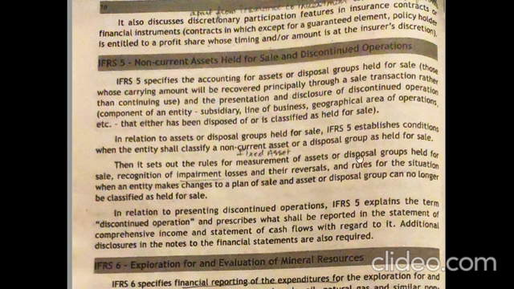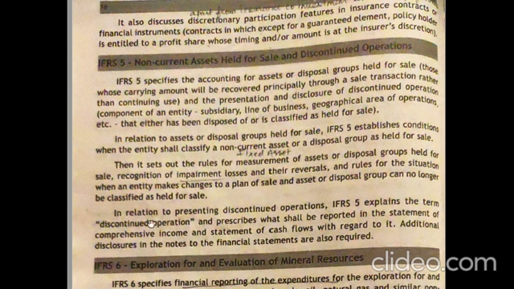So how are you going to measure such a group which is held for sale, and how are you going to treat assets which can no longer be classified as held for sale? How are you going to treat such assets in your business?